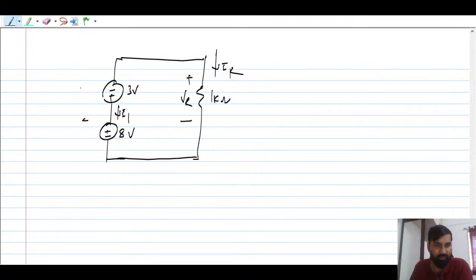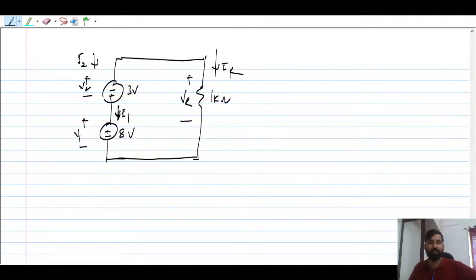Okay, let me take some different notation. Suppose this is V1, so the current is I1, and this is V2, so the current is I2. According to passive sign convention, I have considered this. What is the current flowing through this resistance?